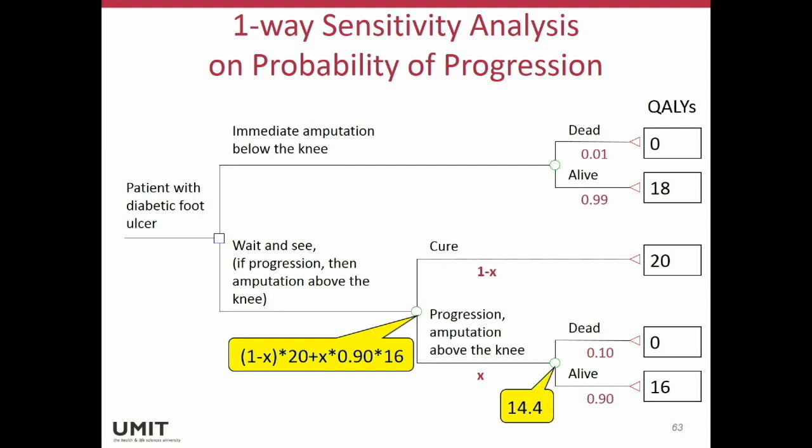And then the next step is you join the x's and the numbers, and you get to this. Who sees graphically what it looks like when you draw that function? Outcome is a function: y equals 20 minus 5.6x. What kind of graph is that? It's a straight line. It starts at 20 and goes down with a slope of 5.6. The more progression we have, the worse the outcome is, of course.